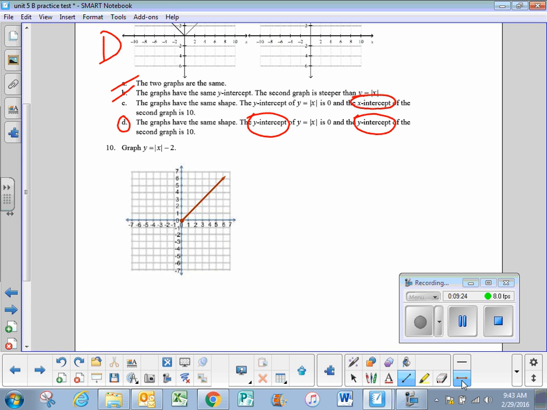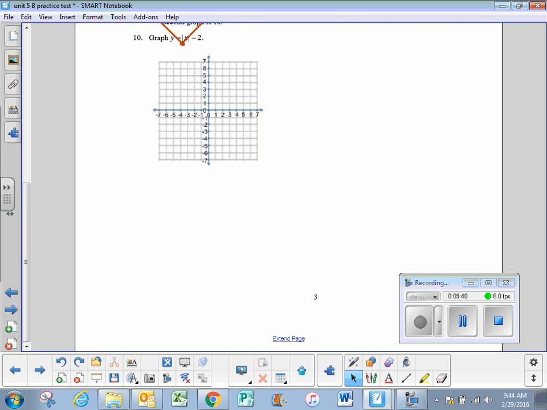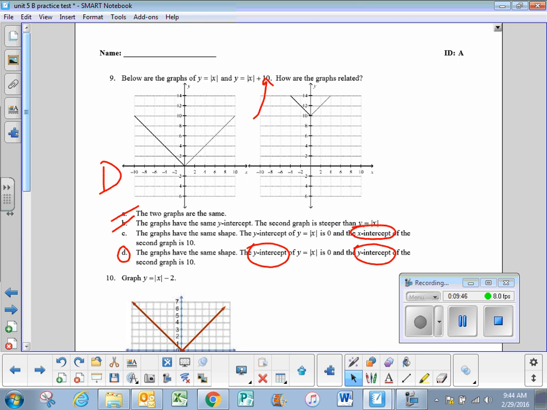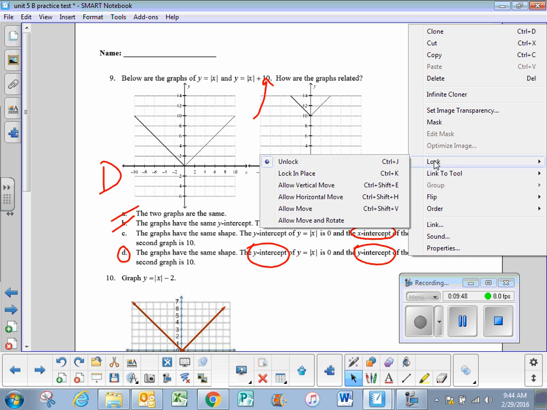Good, Brandon. I'm going to graph the parent function first, and then I'm going to copy and paste it because we're going to use that a bunch. So I'm going to show you what the parent function looks like, okay? And then I'm going to group it and show that we're going to use it a lot today. Okay, so we are going to go up and lock this page in place and try that again.